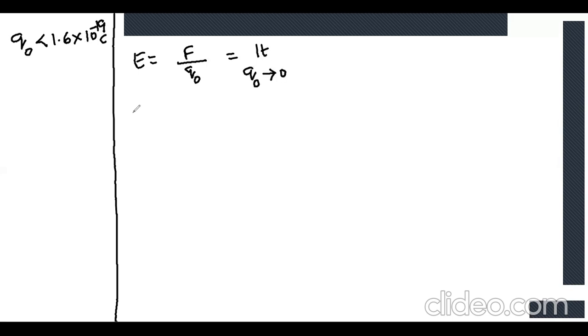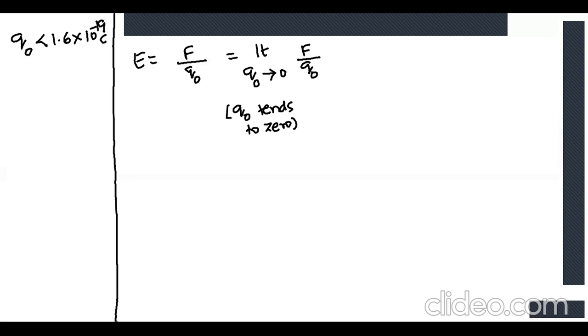It is not 0, it is approaching 0. That's why we say Q naught tends to 0 in F by Q naught. You will have this same notation in your NCERT textbook.